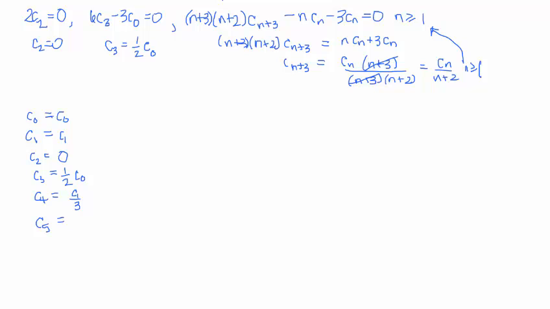Okay, so on the recurrence relation, when I plug in n equals 2, I'll get C5 equals C2 over 4, but C2 was 0 from up above, so that becomes 0.